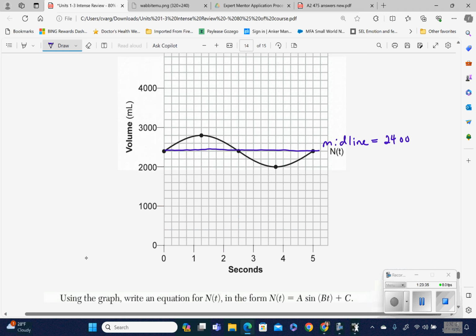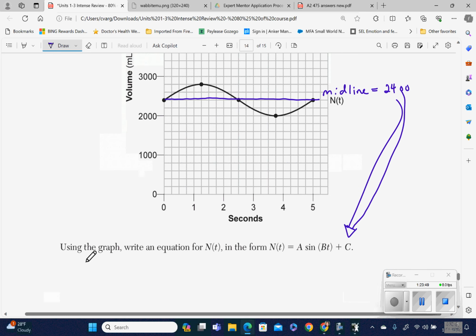If you want to know this a little bit more, please see the video for the June 2023 Regents on Delta Math. So our C is 2400, okay? First thing we want to do is write that down. So this is going to be plus 2400. All right, one letter out of the 3, done.